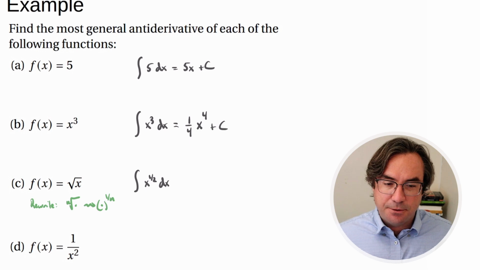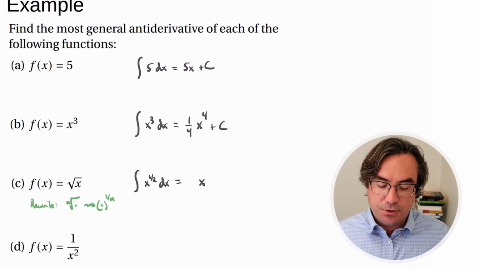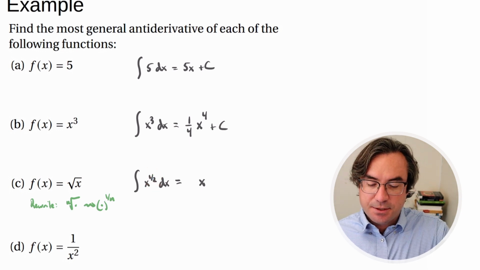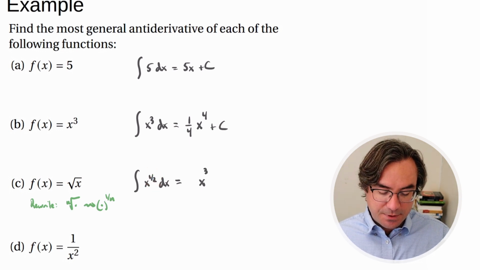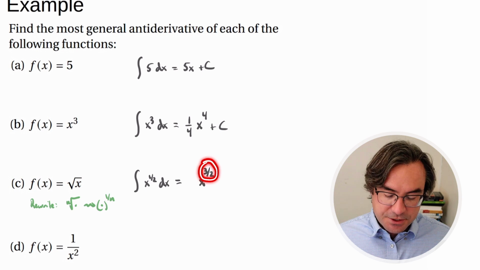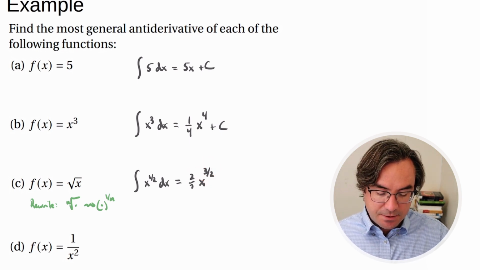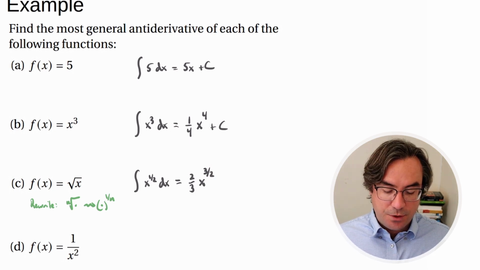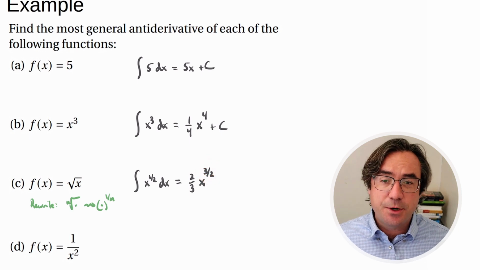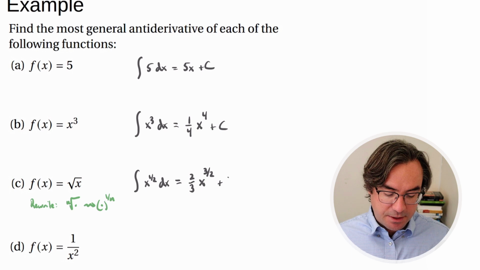All right, so let's try it out. So our variable is x, and we're going to add 1 to the exponent. So we go from 1/2 to 3/2. We take this new exponent, and then we flip it, and we put the reciprocal in front. So the new exponent is 3/2. So when we put the reciprocal in front, it's going to be 2/3. And then we just remember our plus c.